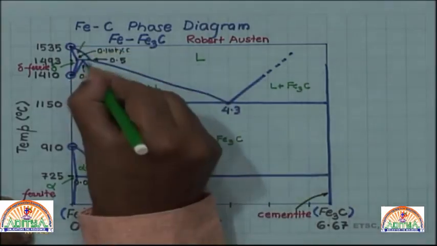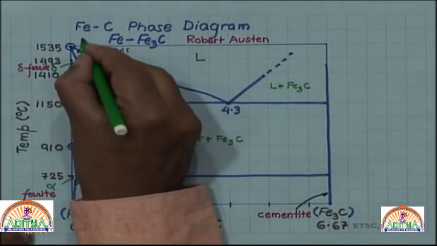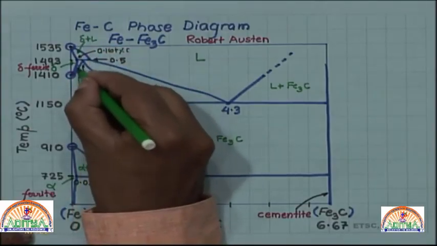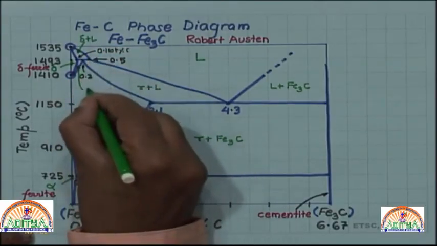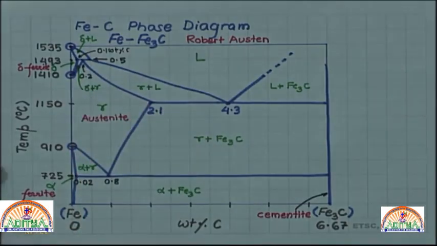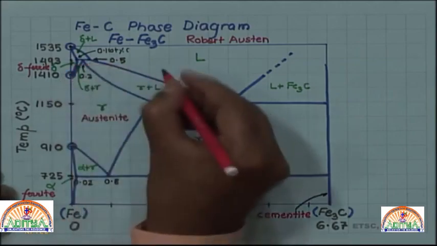Okay, each invariant reaction has a special name, so we need to observe this. The one which happens at 1493 degrees Celsius is a peritectic reaction.